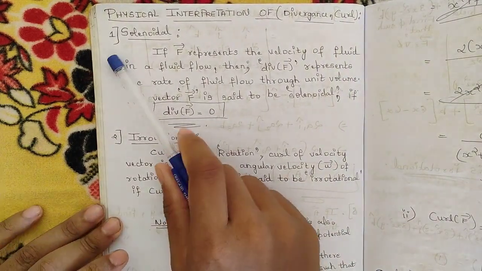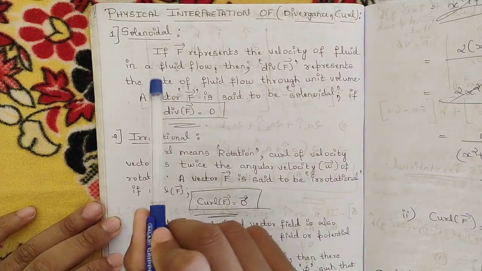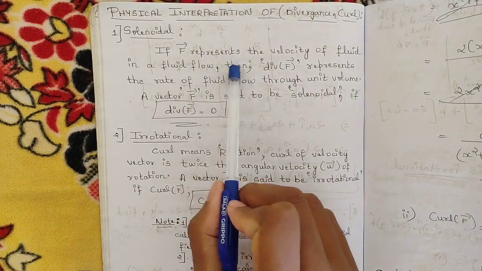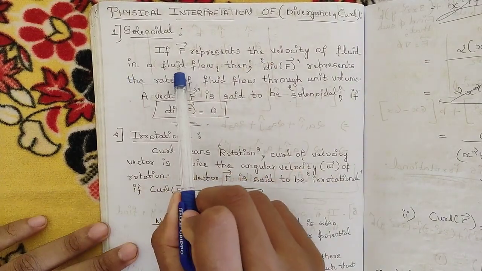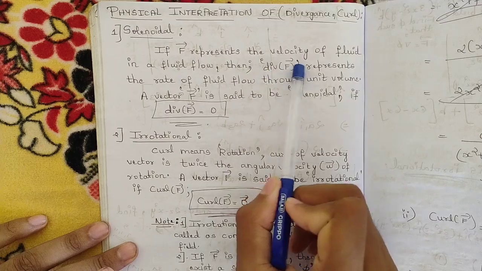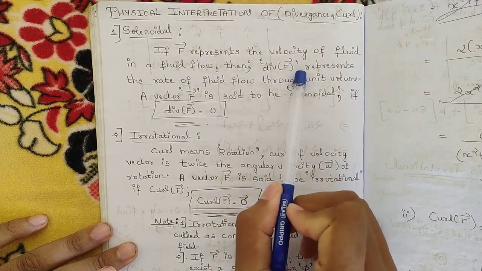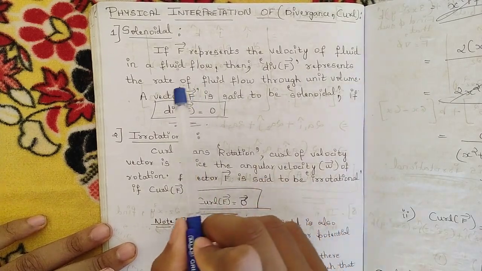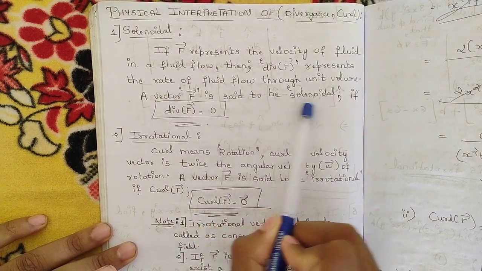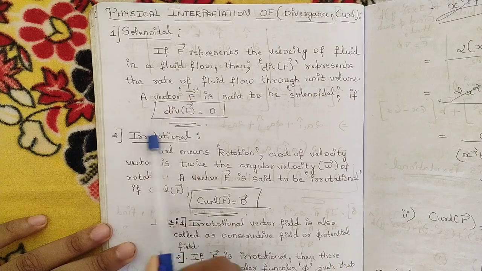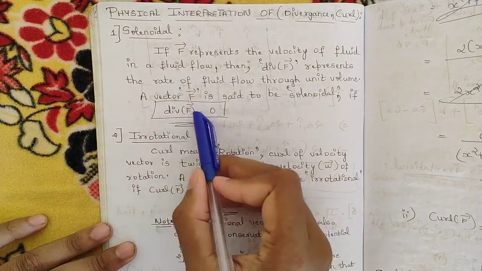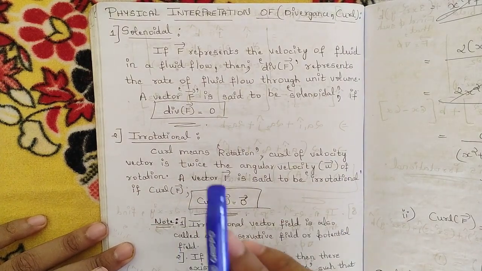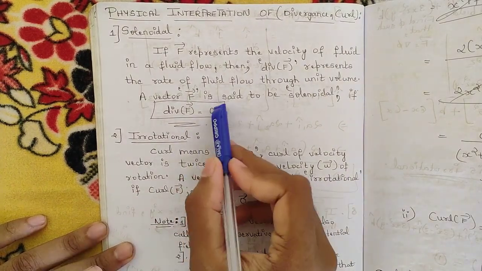First is solenoidal. If the vector f represents the velocity of a fluid in a fluid flow, then the divergence of this f vector represents the rate of fluid flow through the unit volume. A vector f is said to be solenoidal if the divergence of the f vector given in the question is equal to 0.